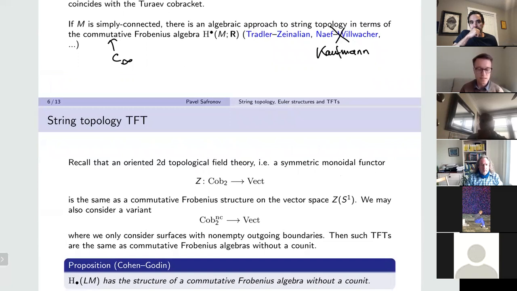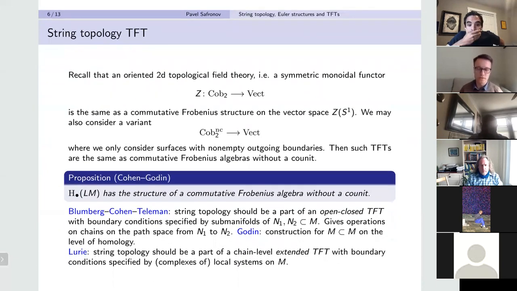And the claim is that the homology of the free loop space has such a structure. This is due to Cohen and Godin. It's a commutative Frobenius algebra without a co-unit, or if you like, a non-compact or positive boundary 2D TFT. Later there were several works extending it in various directions.